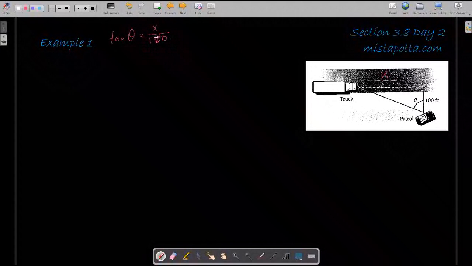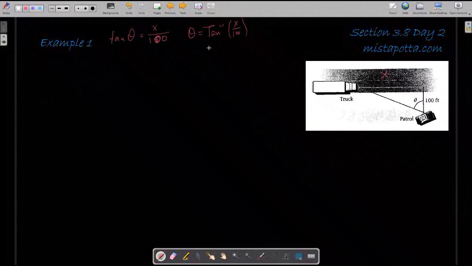So I've got x over 100, and I can find theta. Theta should be the tan inverse function of x over 100. So what I've got here is a function of theta.